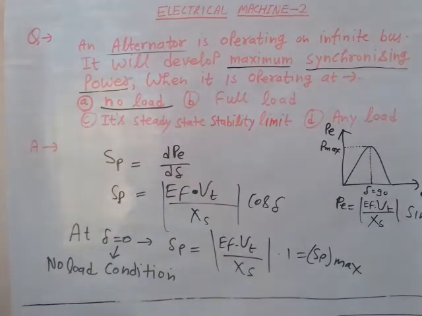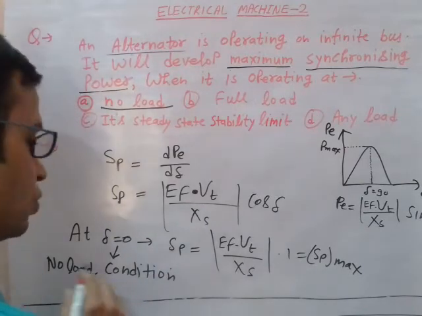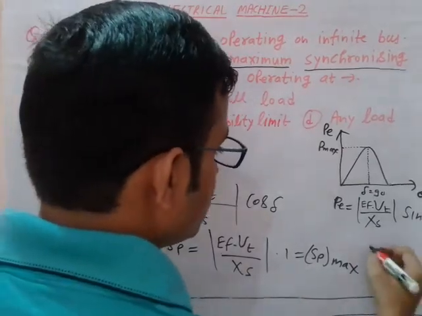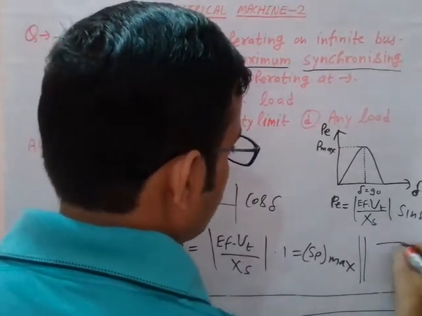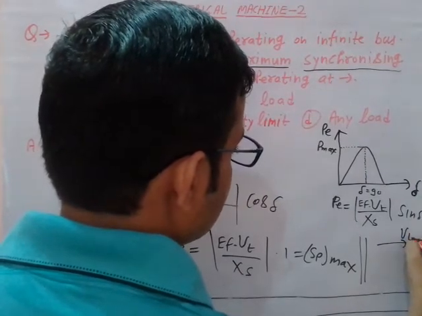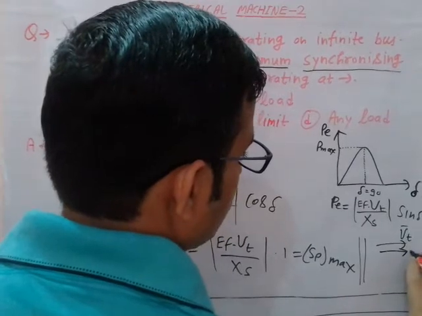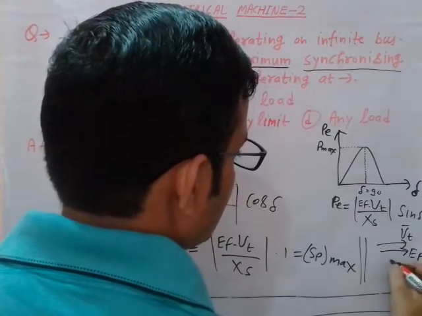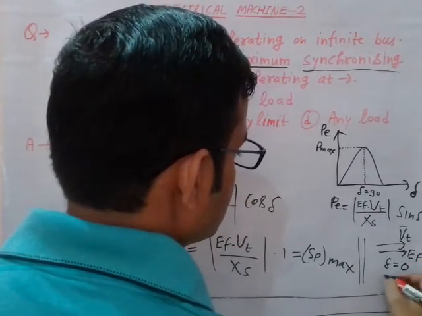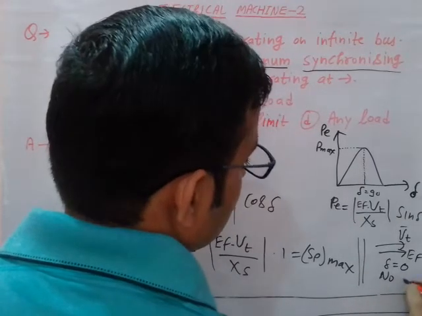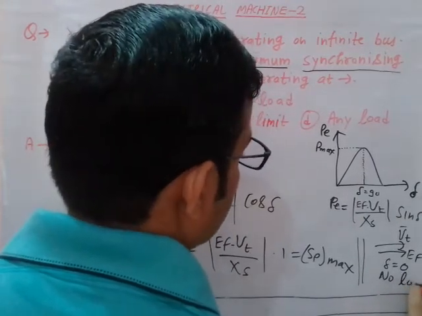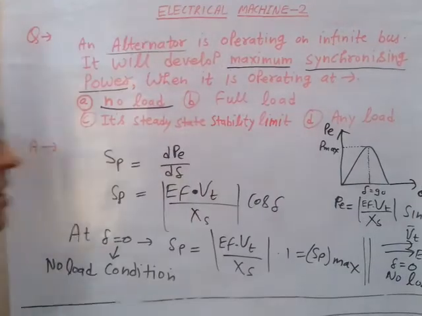So that's the best situation to synchronize the alternator, at no load. If you see the phasor diagram at no load, you can draw it like this: this is terminal voltage phasor Vt, and in parallel with it draw your excitation EMF. That means at no load, delta equal to 0, you get the maximum synchronizing power.